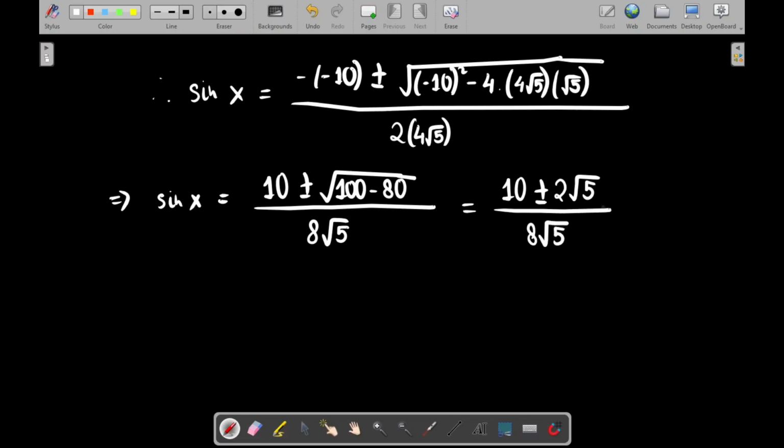upon 8 root 5. So if I multiply both the numerator and denominator with root 5, this will become 10 root 5 plus minus 2 root 5 times root 5, this will become 2 times 5, that is 10, upon 8 root 5 times root 5, this will become 8 times 5, so this becomes 40, right?